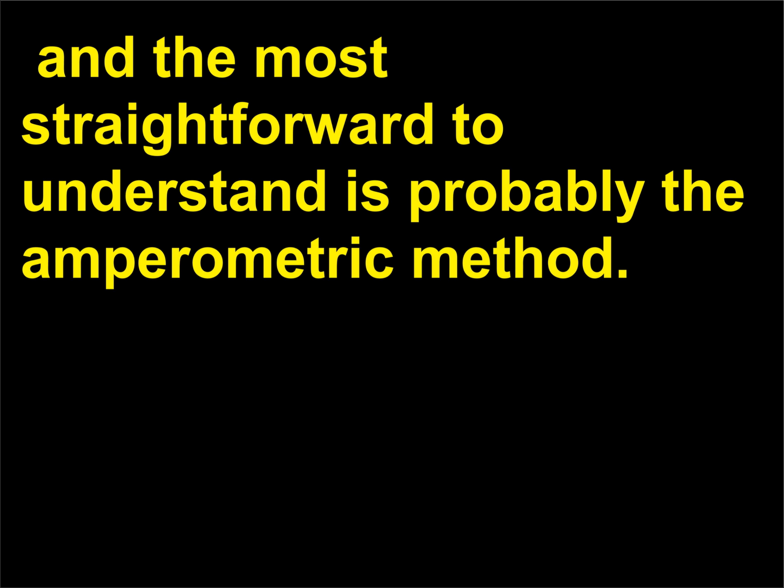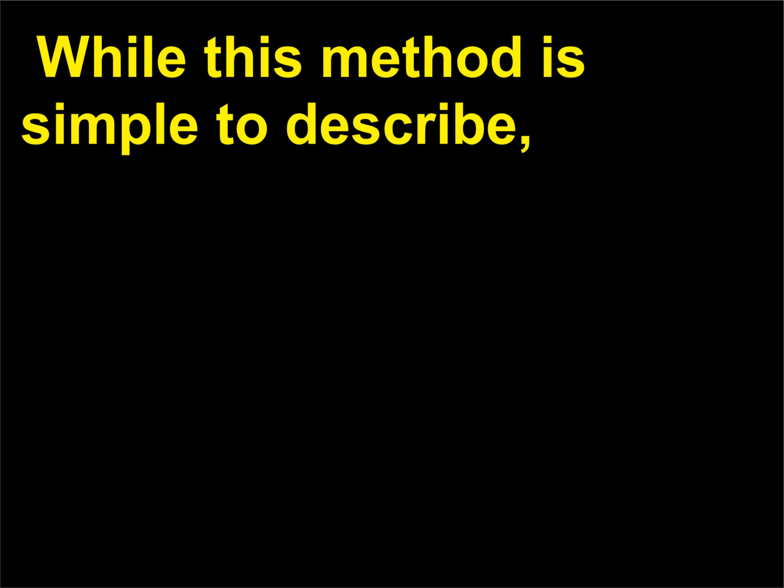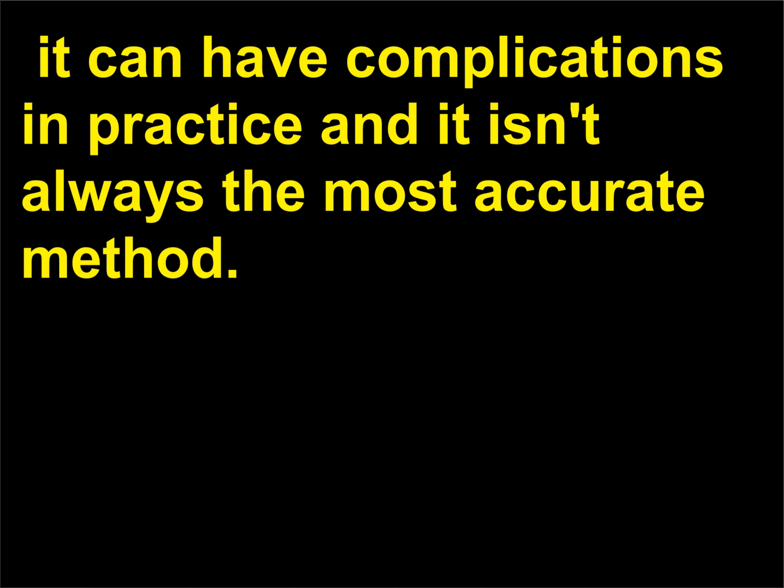And the most straightforward to understand is probably the amperometric method. This method simply applies a voltage between two electrodes and measures the current. While this method is simple to describe, it can have complications in practice and it isn't always the most accurate method.